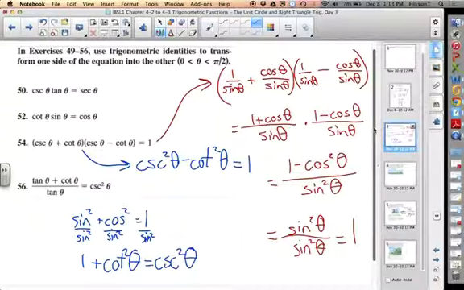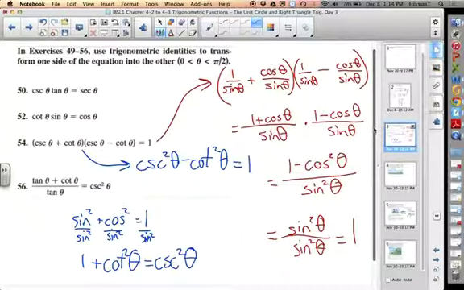Then, if you remembered your Pythagorean identity, you could have noticed, hey, cosecant squared minus cotangent squared is 1, so you're done. Cosecant squared minus cotangent squared automatically equals 1 because of this Pythagorean identity. So you could have been done with this in two steps. That's your answer. It's a proof.